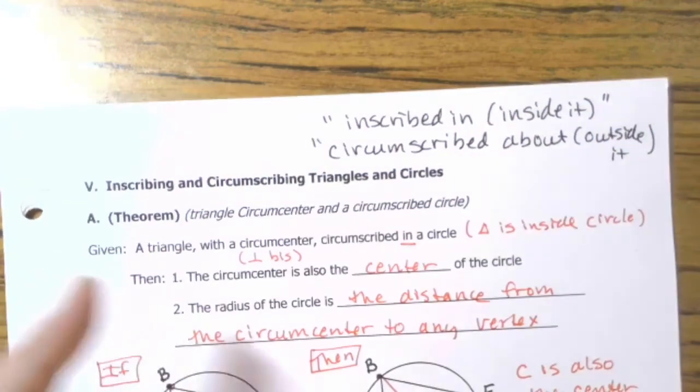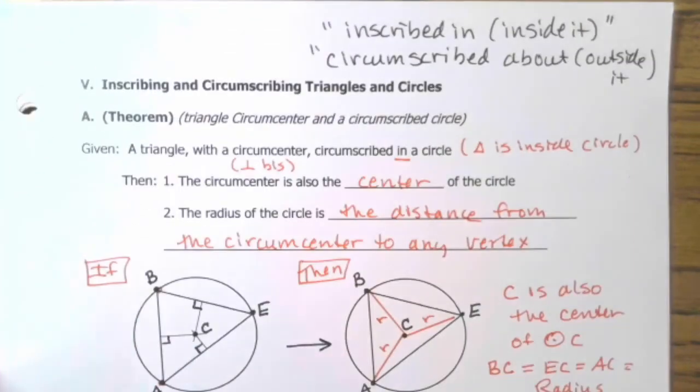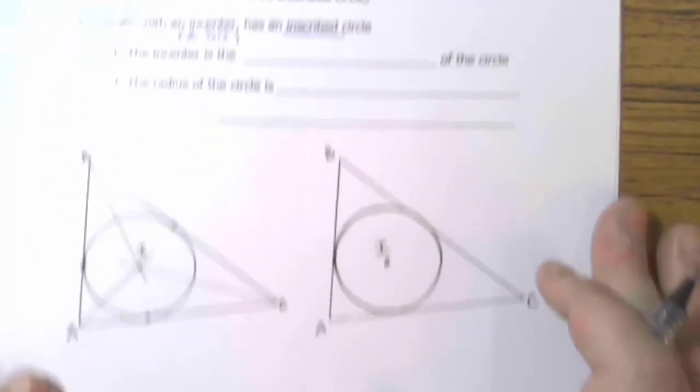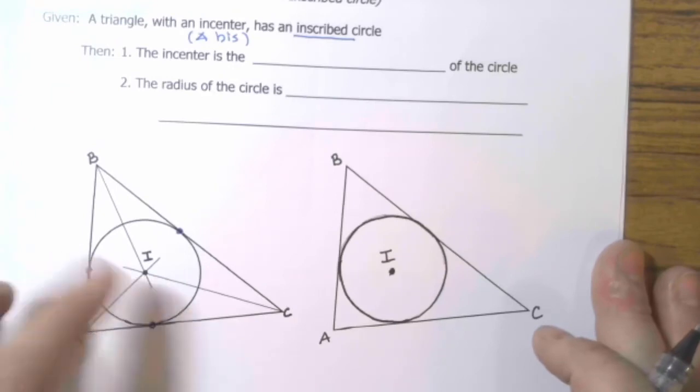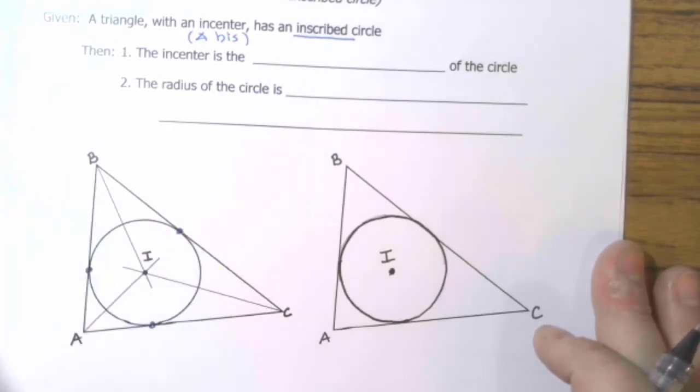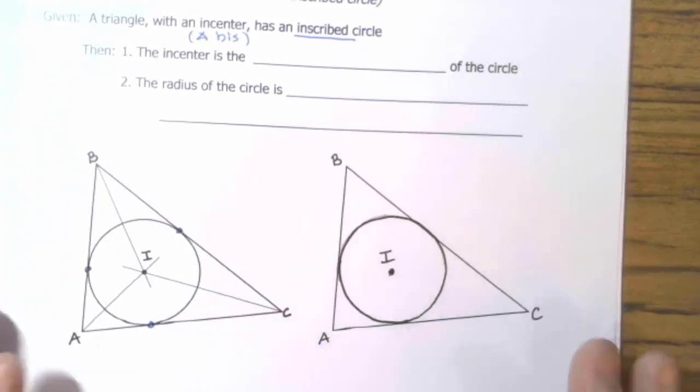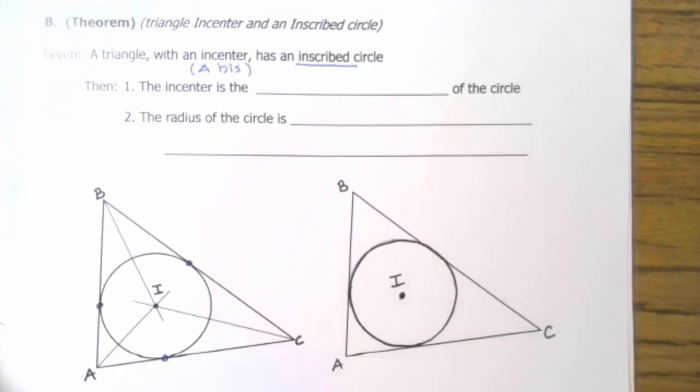So it's either inscribed in or it's circumscribed about. Those two terms are opposites of each other. So I can say the circle is inscribed in the triangle, I can also say the triangle is circumscribed about the circle. So that's how you can describe what you're looking at.